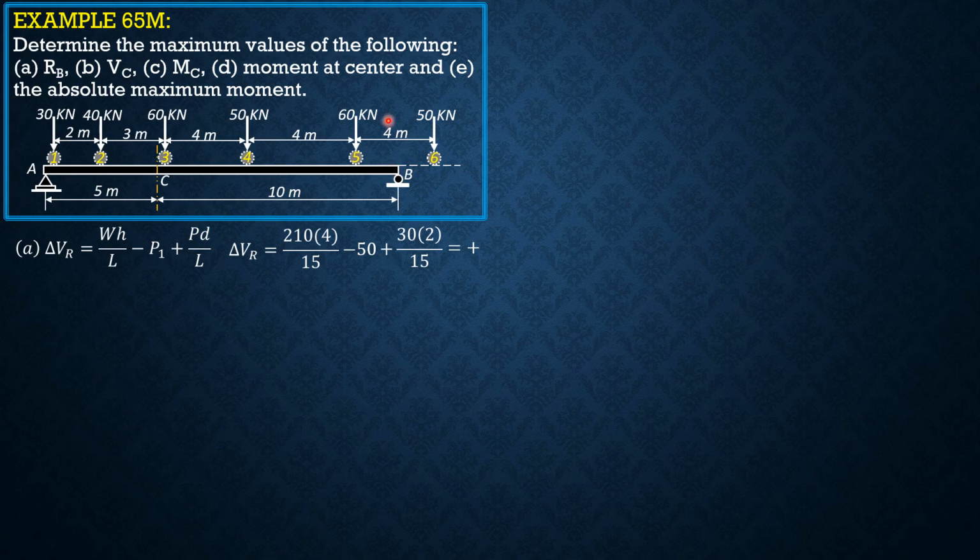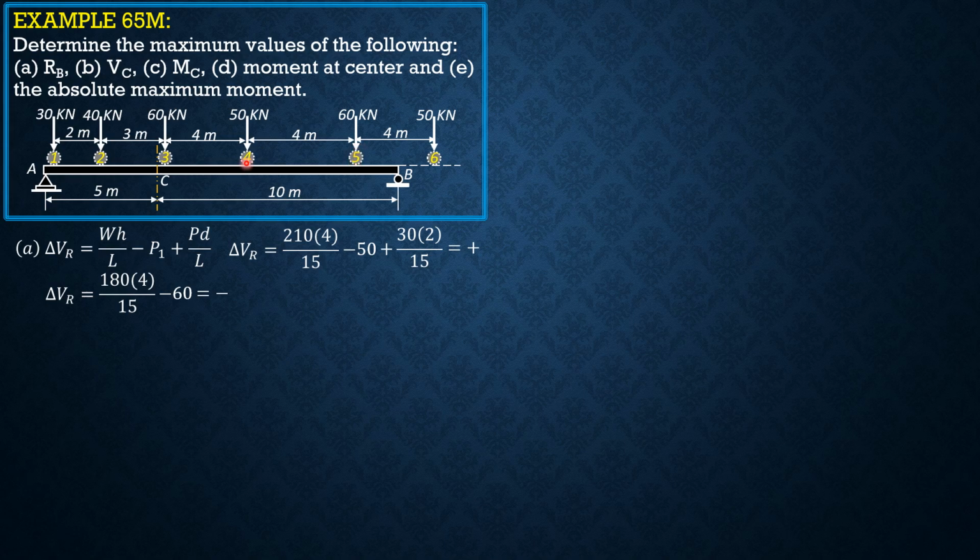Load 4 over B, P1 is 60, H is 4, and W is 50 plus 60, 110 plus 40, 150, 180. So delta VR is 180 times 4 over 15 minus 60, then plus, that's it only. So it is negative.